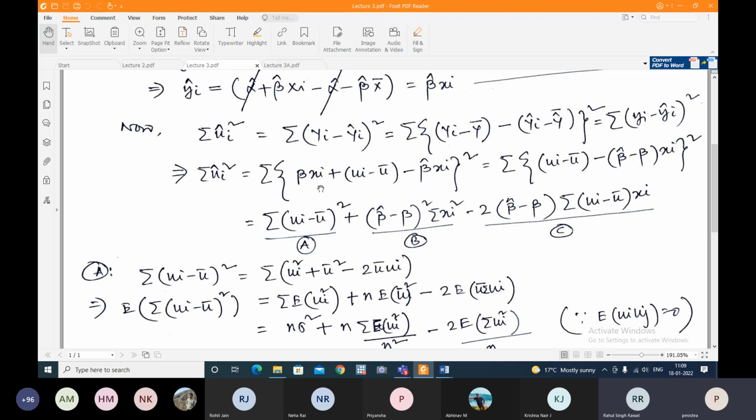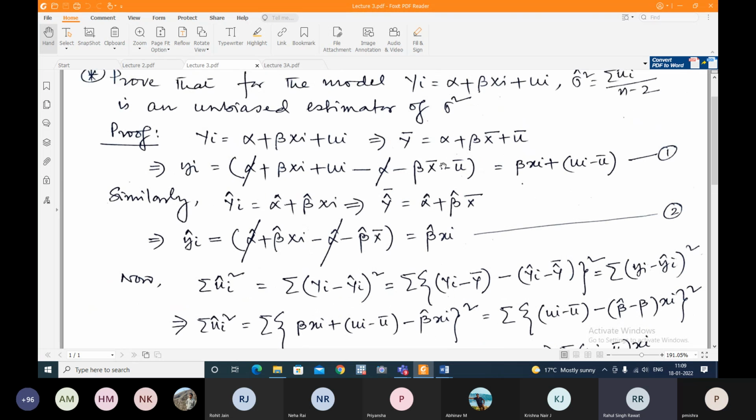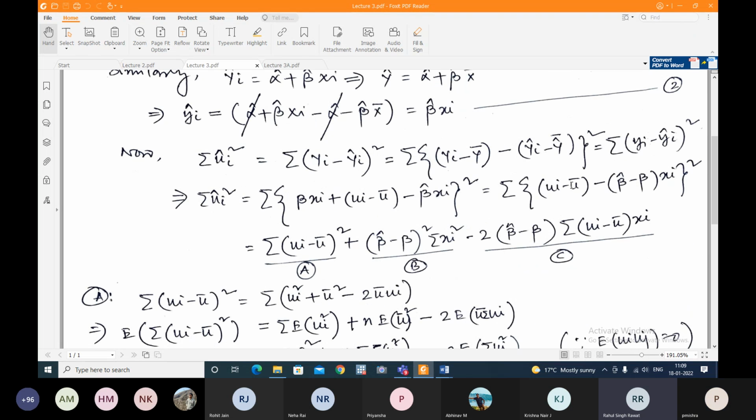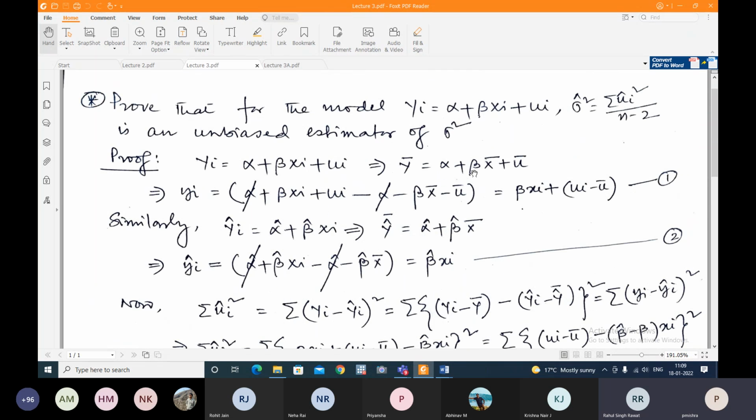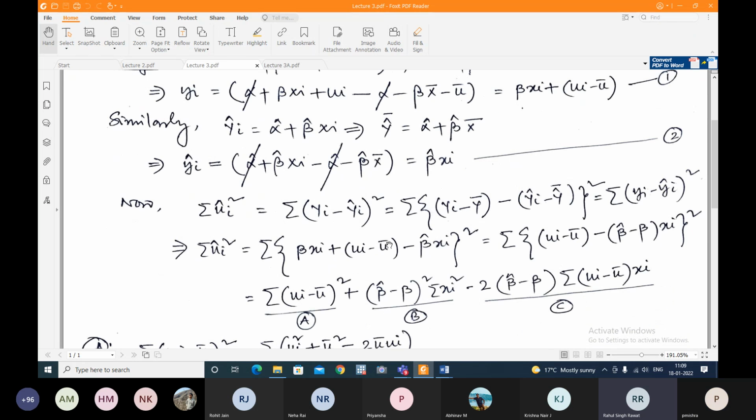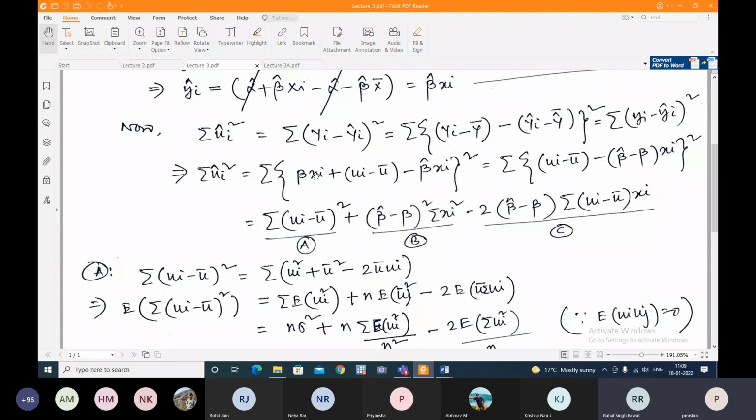And then you need to just replace what we have derived in 1 and 2. Just replacing that, we get an expression like this. We had already derived small yi as this, and small y hat i as beta hat small xi.